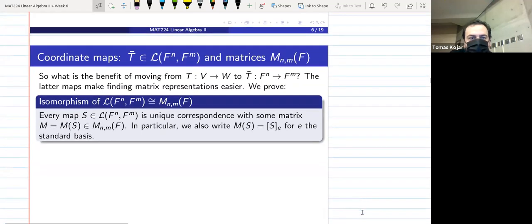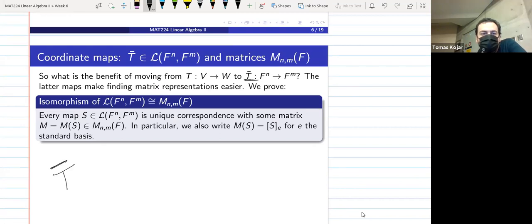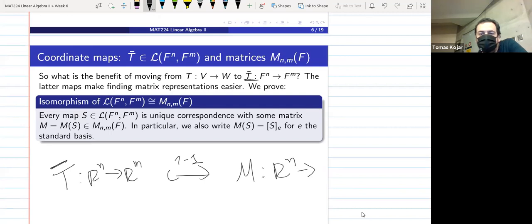So that's the benefit. You gave me some crazy linear map. This map T bar has a one-to-one correspondence with matrices. So you give me any map, let's say Rn to Rn, there's a one-to-one correspondence with matrices. It takes a vector and gives you some vector.